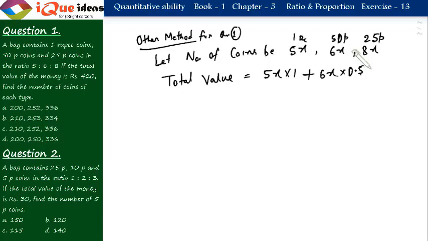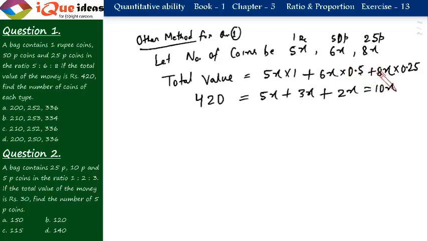Then 8x into 25 paisa. 25 paisa is 0.25 rupees per coin. And the total value given in this question is rupees 420. So 420 is equal to 5x plus 3x, since 6 into 0.5 is 3, plus 2x, since 8 into 0.25 is 2, which is equal to 10x. So we get the value of x as 420 upon 10, that is 42.